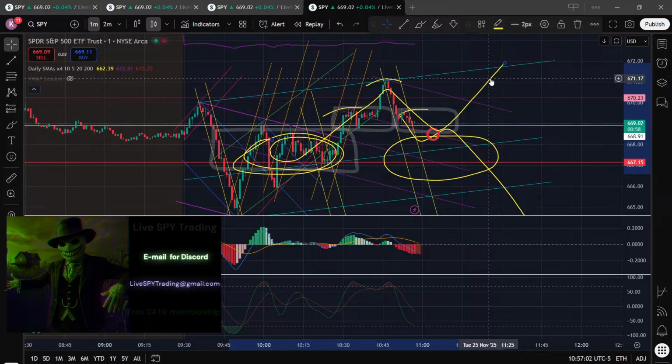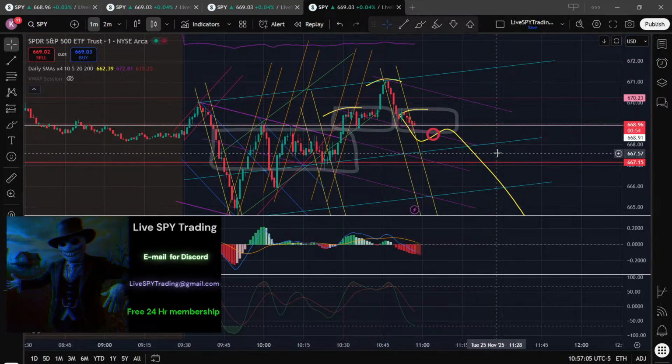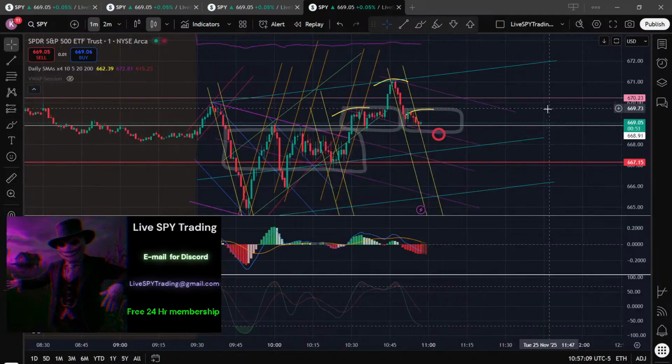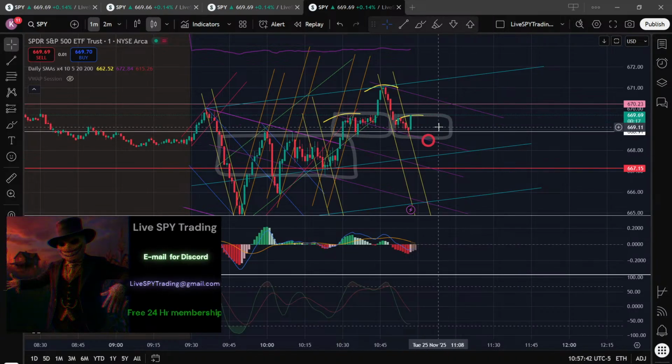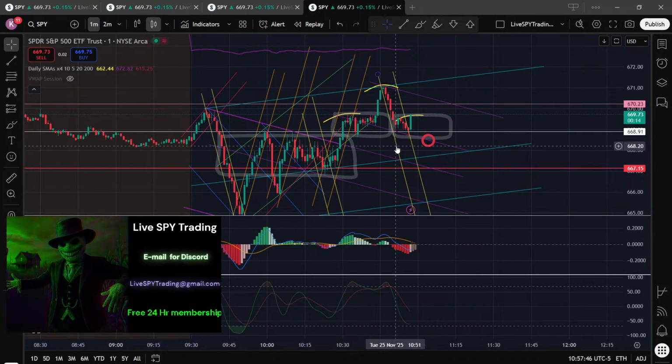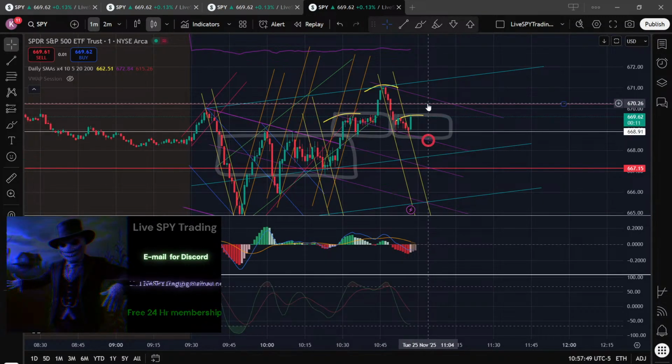I'm going to clean up the chart just a bit. All right, so let's see if this liquidity breaks below this key level, or if we get above the pink, right?